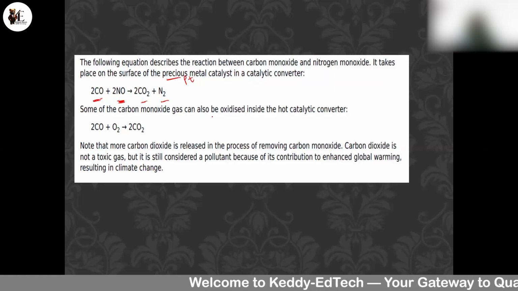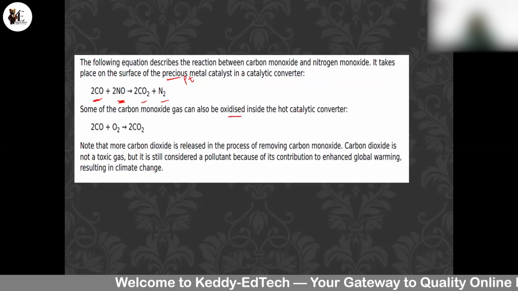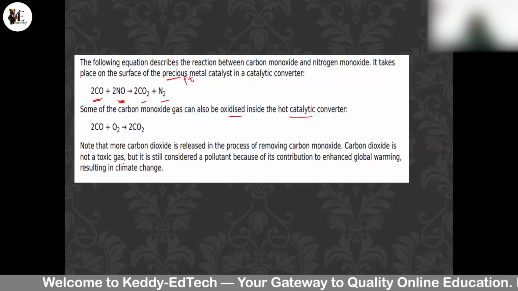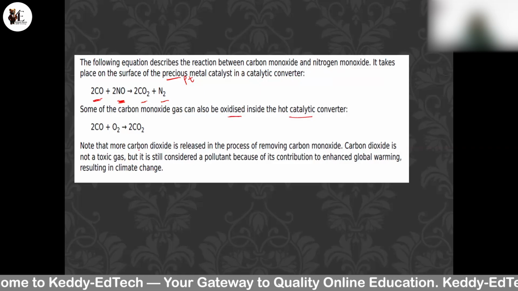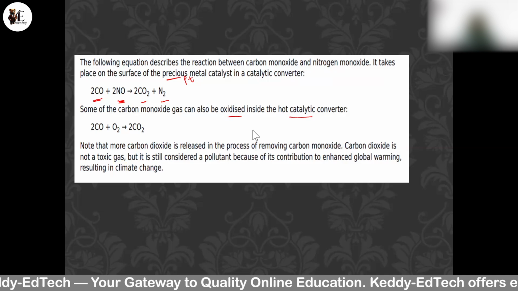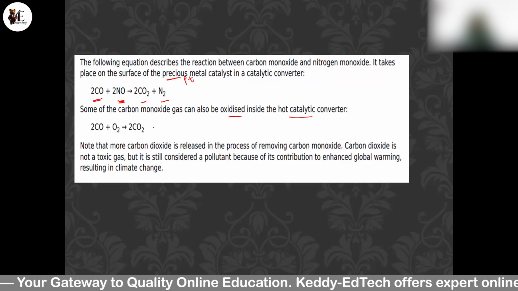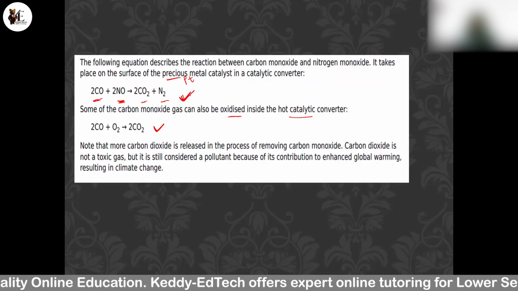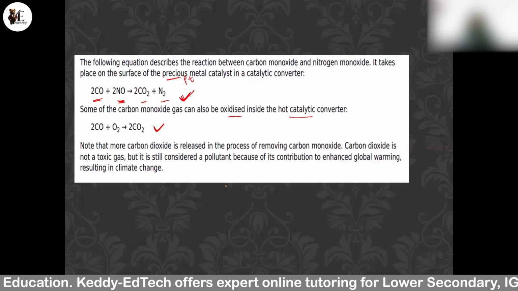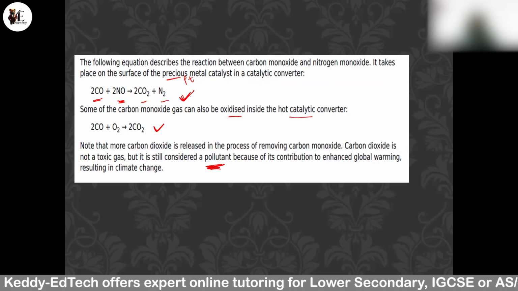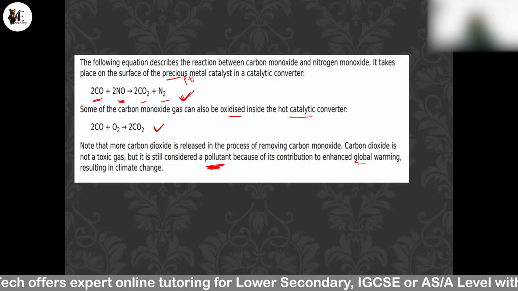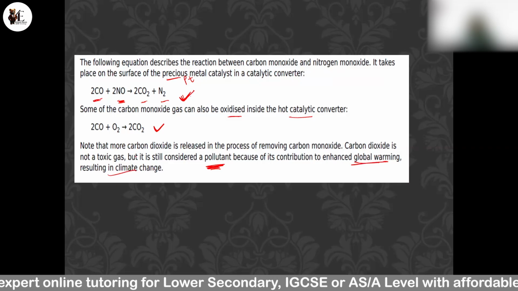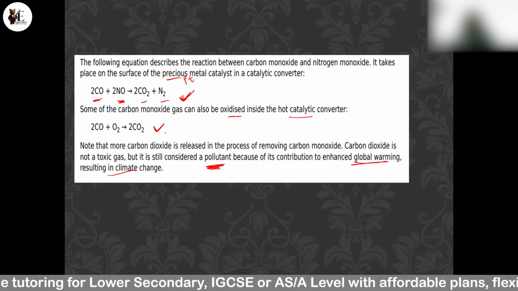Some of the carbon monoxide gas can also be oxidized inside the hot catalytic converter to produce carbon dioxide. So note that more carbon dioxide is released in this process also. It is not a toxic gas, but still it is a pollutant because it is a greenhouse gas, contributing to enhanced global warming, which results in climate change.